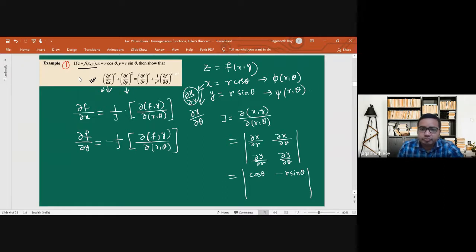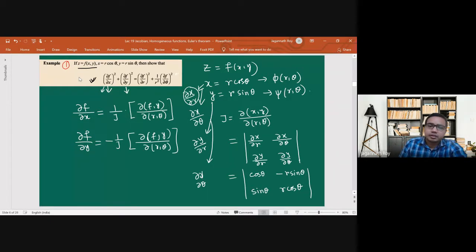Okay. Now if we differentiate this, del y by del r will be sine theta. Again, del y by del theta will give r cos theta.